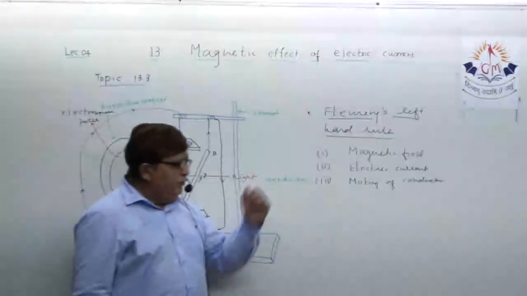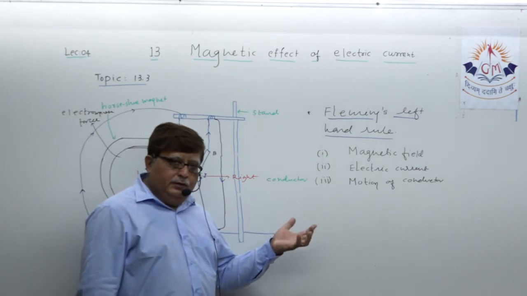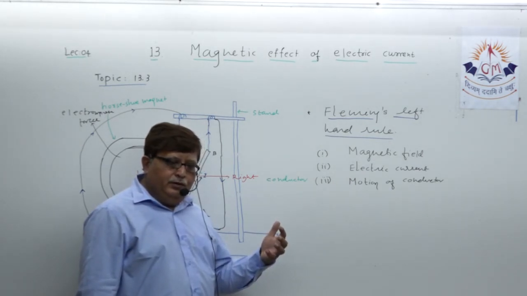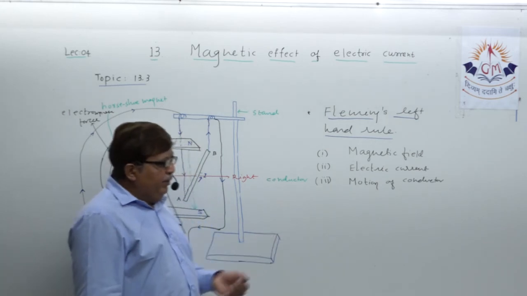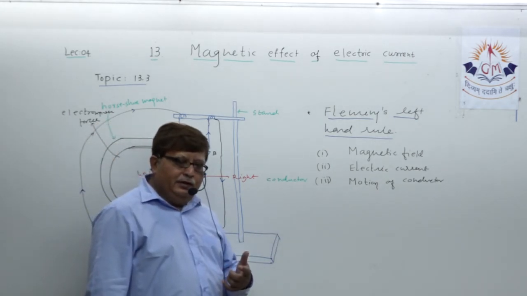Understood? So, dear student, Fleming's left hand rule gives the relation between all these three physical quantities regarding direction.